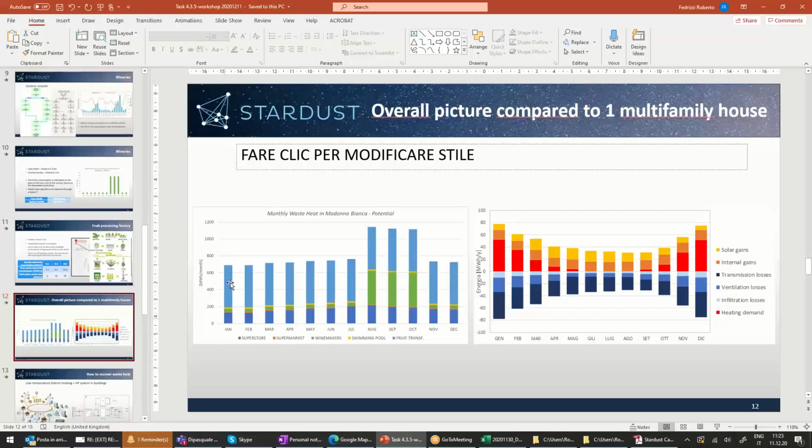This is in the range of 1,000 megawatt hours per month. So a huge quantity of energy which is normally dumped into air, and which we could eventually recover.